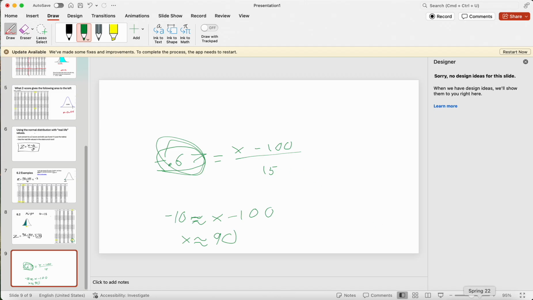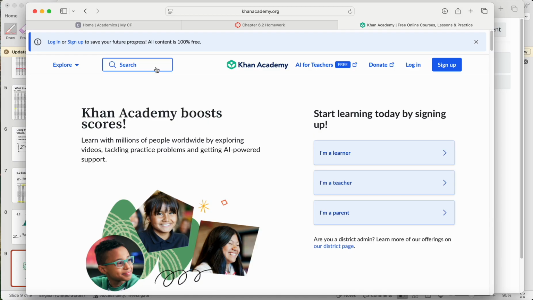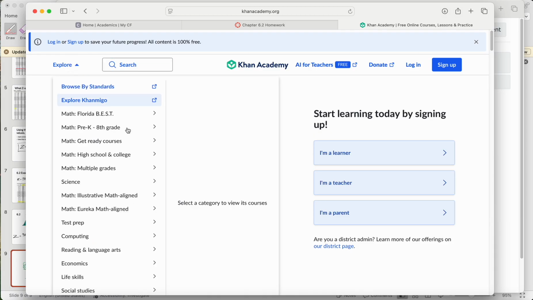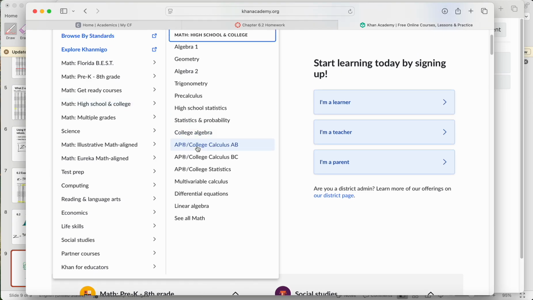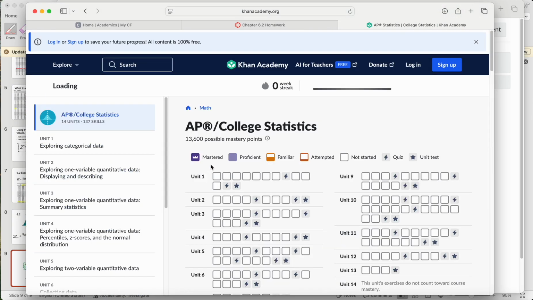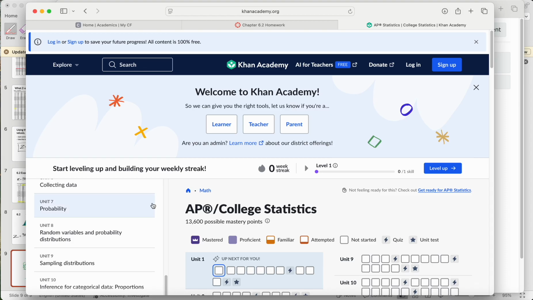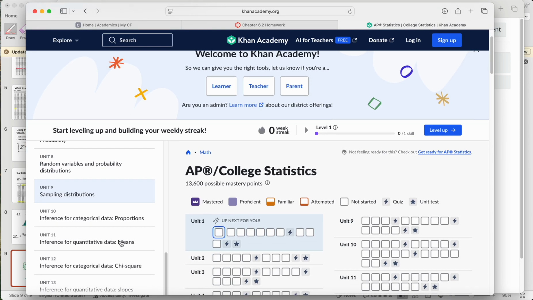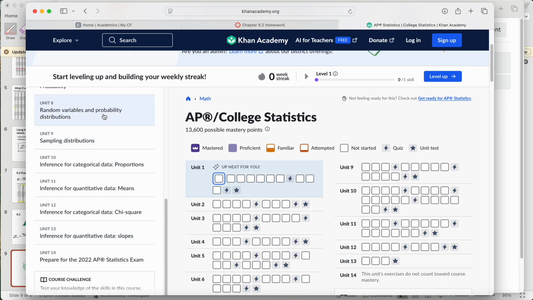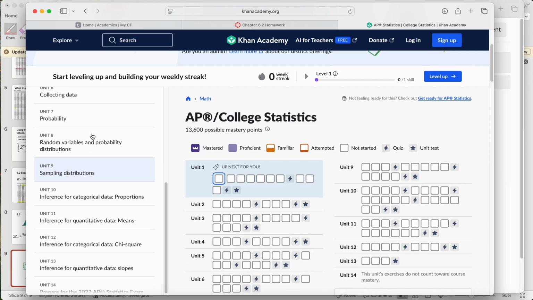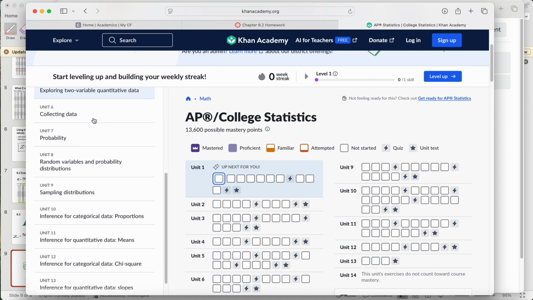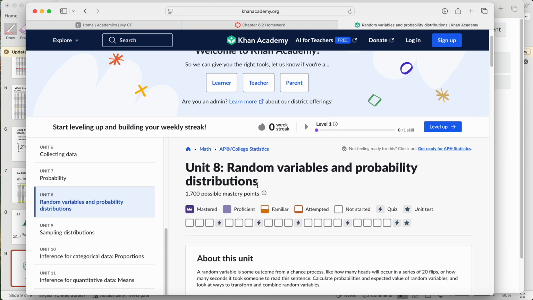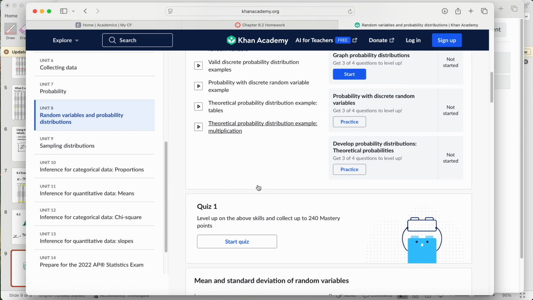Now, the one last thing I want to say, because I don't like the way your homework's laid out, I would highly recommend, if we look at math, high school, college, and AP college statistics on khanacademy.com, you can see right around here, and I think it would be, I gotta see where it shows up again. I think it'd be in random variables.